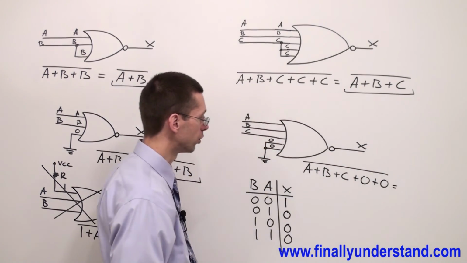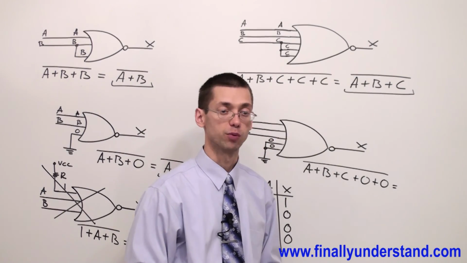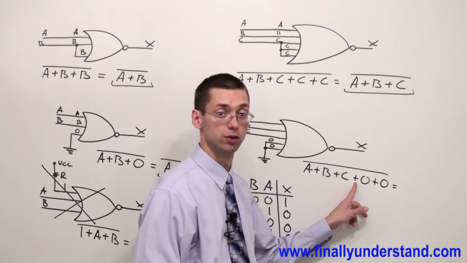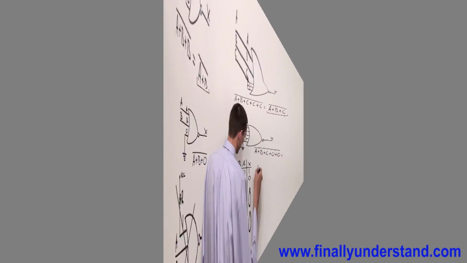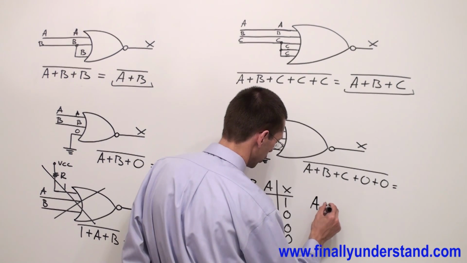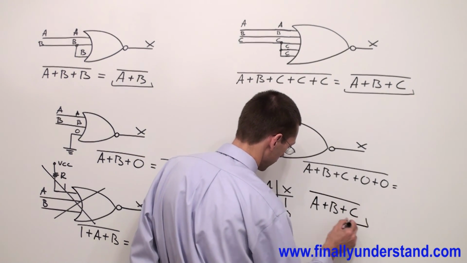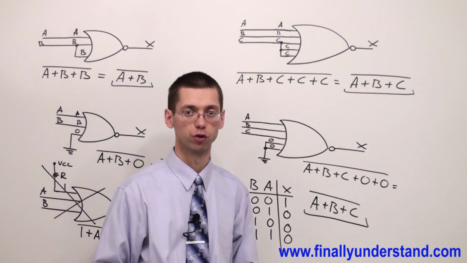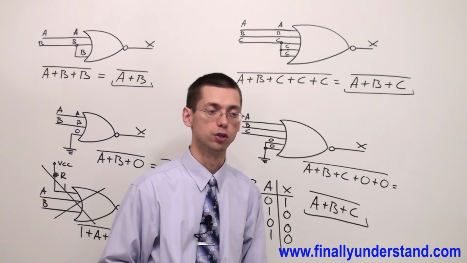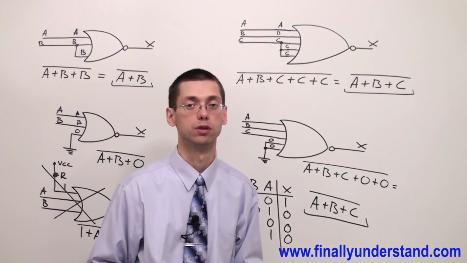We can ignore these two zeros because they are not going to change my expression because I have addition. And I can say that this is equal to A NOR B NOR C. And as you can see, this is the logic expression for 3-input NOR gate. So this circuit represents also 3-input NOR gate.